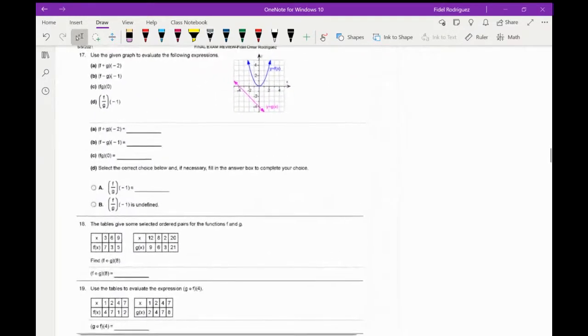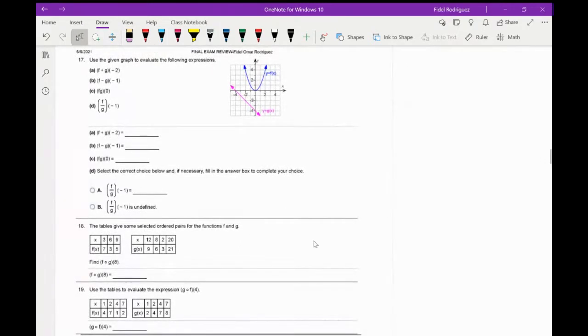So let me scroll down, and I'll tell you what. We will look at problems like 17, 18, and 19. Anybody have any questions out of 17, 18, or 19?